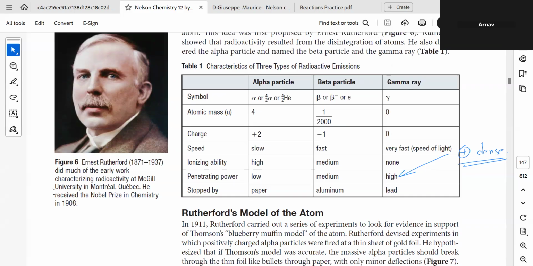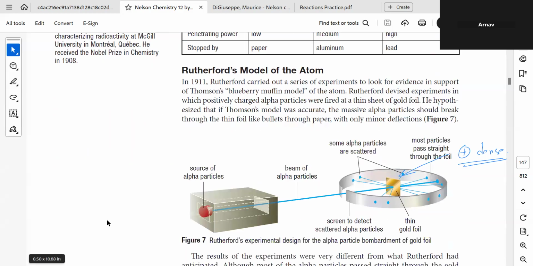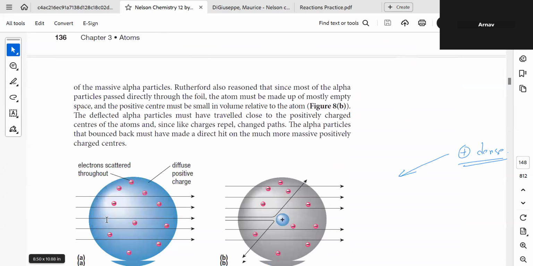Rutherford did much of the early work characterizing radioactivity at McGill University. He received the Nobel Prize in Chemistry in 1908. So he did this research in Montreal, Quebec.